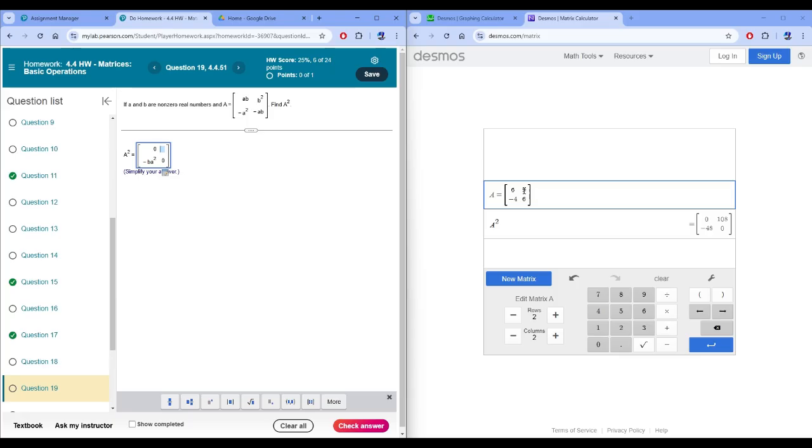9 times 12. Where did 12 come from? 2AB.